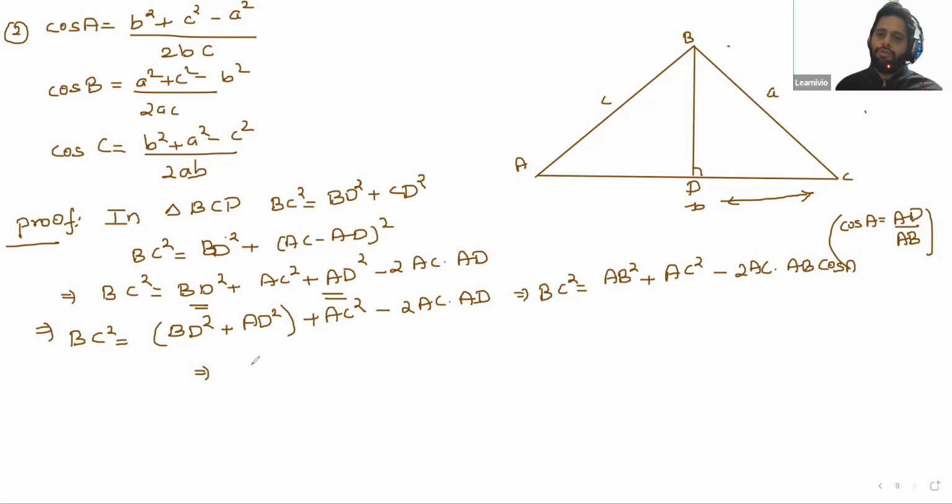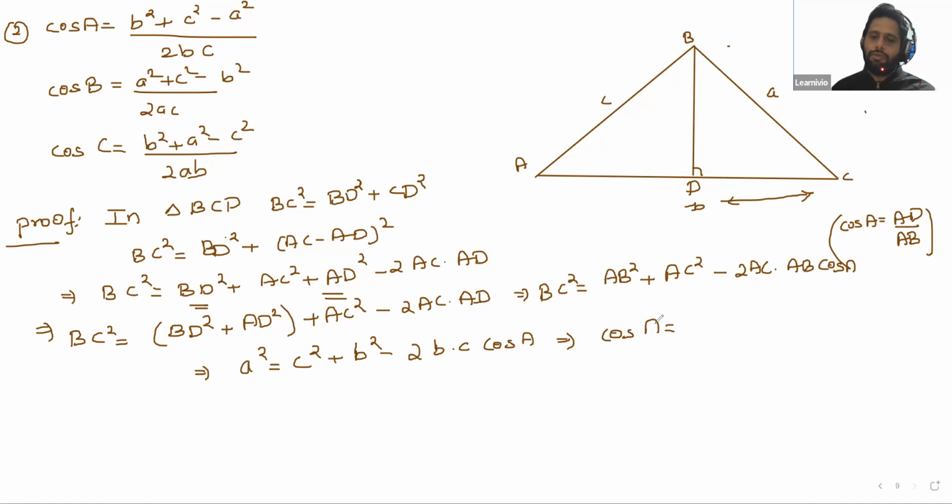Now put the value. What is BC? A square. What is AB? C square. What is AC? AC is B. This is C and this is cos A. So shift all the terms. Take this to this side.